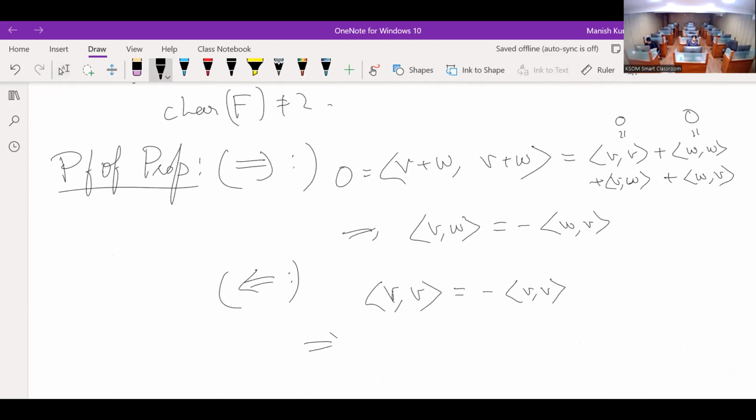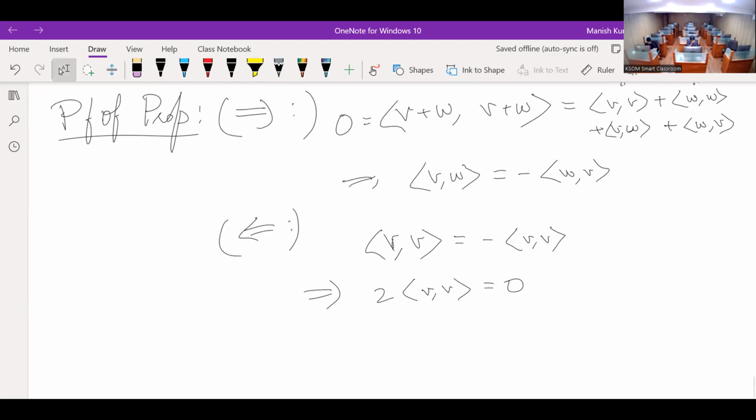So this implies 2(v, v) is 0. And since 2 is invertible, as we are not in characteristic 2, this tells you that (v, v) is 0. Characteristic of F is not 2.